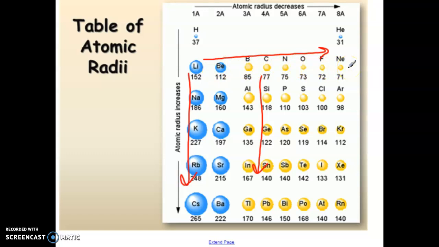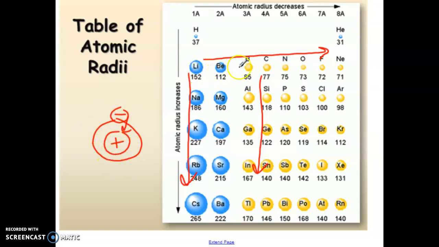So what happens is the positive nucleus ends up attracting the electrons more. We call this the effective nuclear charge. Essentially, the more positive that nucleus is, the more of an attraction it has for the electrons that are surrounding it.